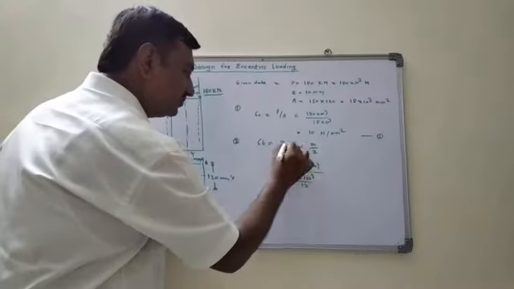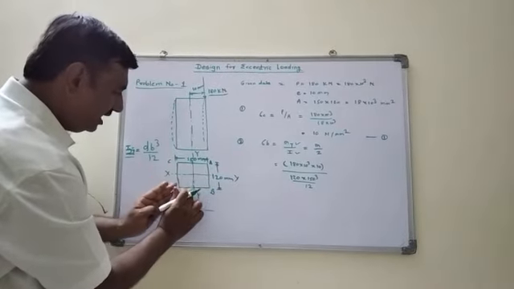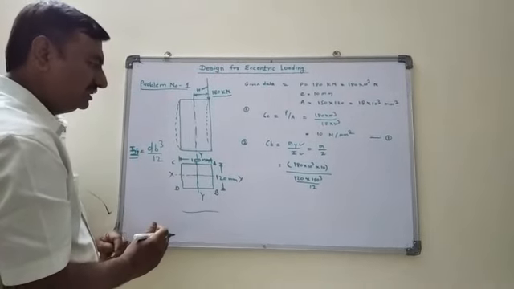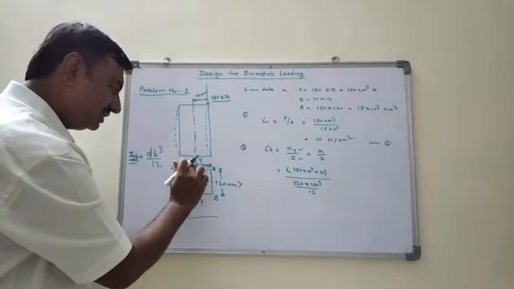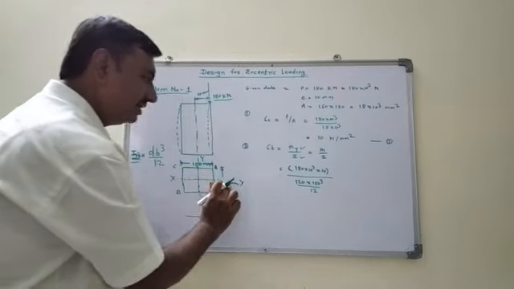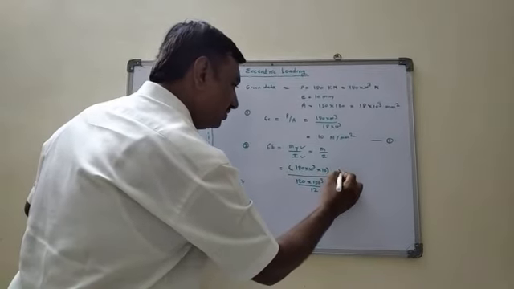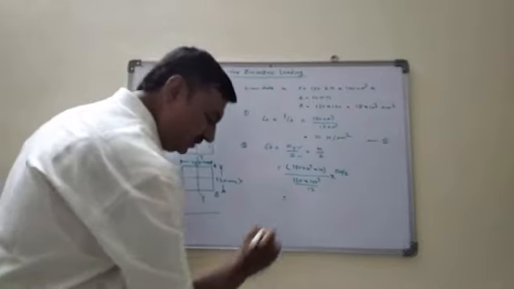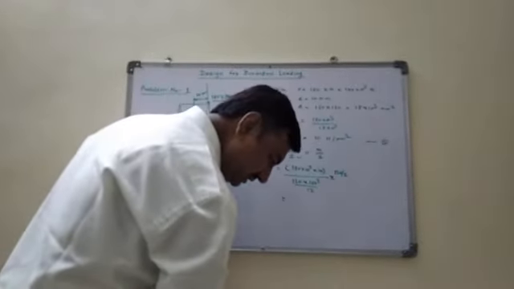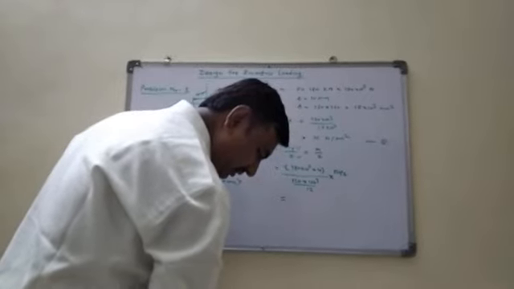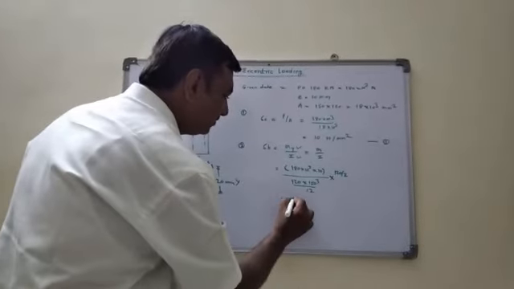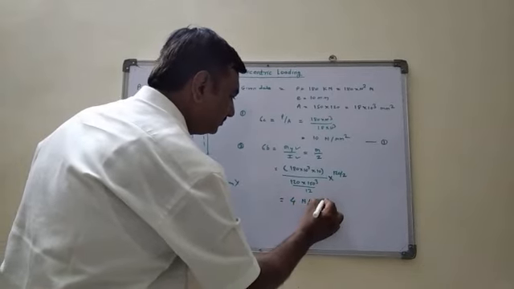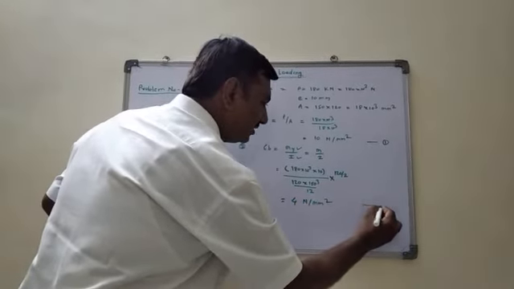Then this y distance, about the vertical axis, we have to calculate it. The vertical distance is 120, so y is equal to 120 divided by 2, and we calculate this sigma b, and that comes to 4 Newton per mm square. This is our equation number 2.